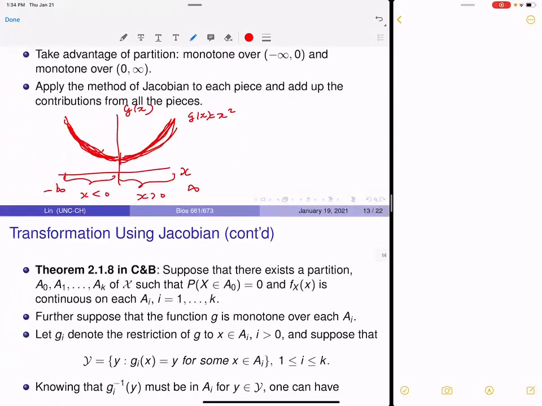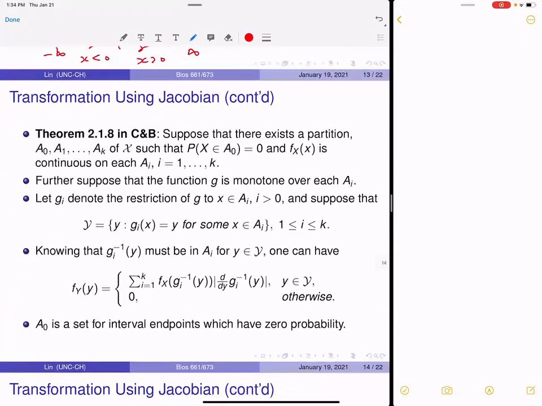So if you want to use the Jacobian working on a monotone function directly, but the function has some part of the domain monotone increasing and some part monotone decreasing, how do I do it?